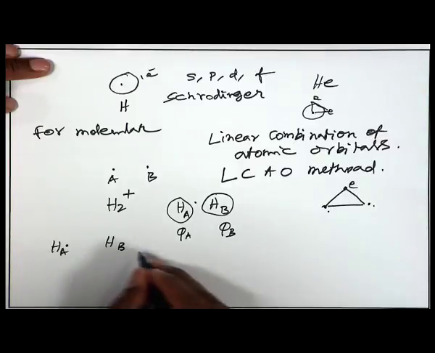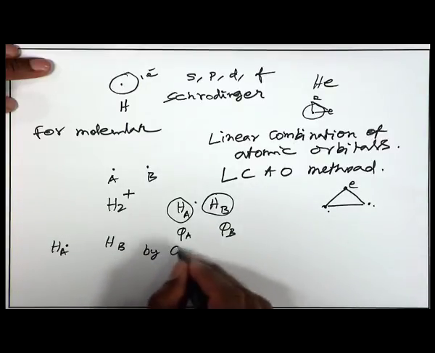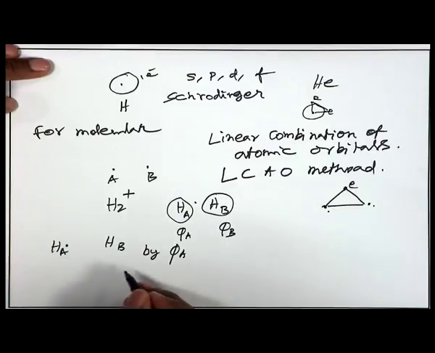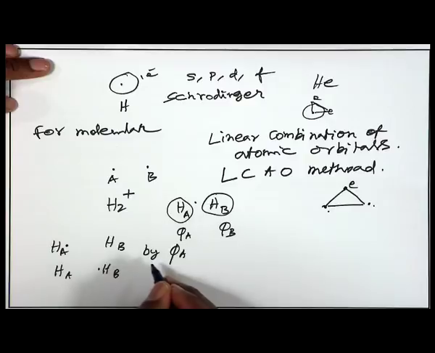So, this can be described by the wave function of hydrogen atom A. At another time, you can have that electron very close to the other hydrogen atom.